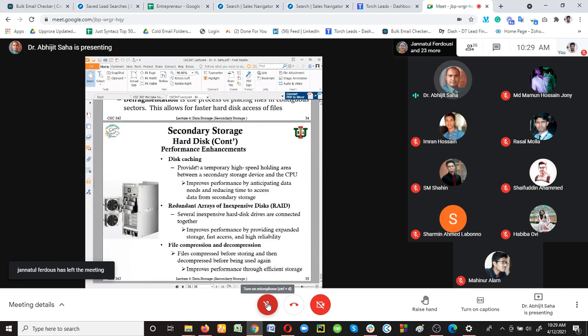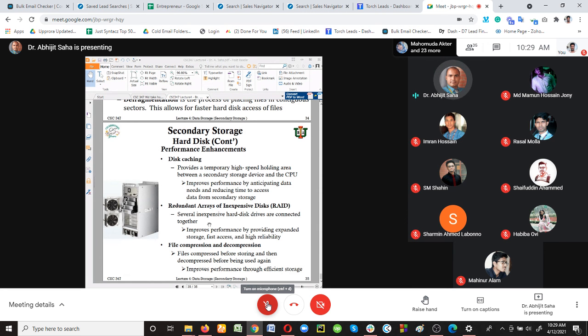That includes three techniques, as you can see here: disk caching, the redundant arrays of inexpensive disks, RAID technology, and file compression and decompression. So I'll ask you to study these three things in detail from the documents, the lecture notes, as well as from the internet.